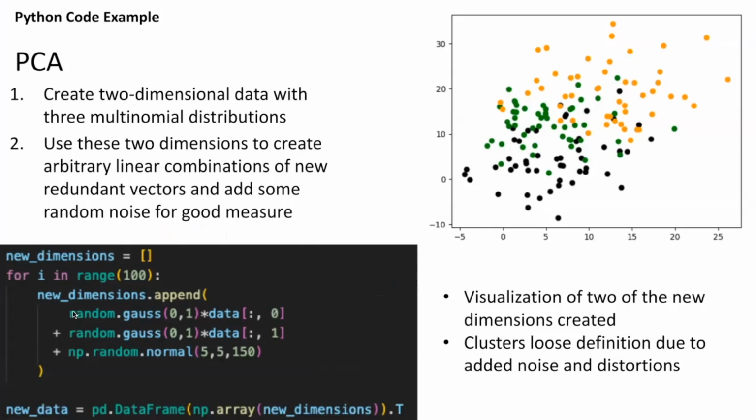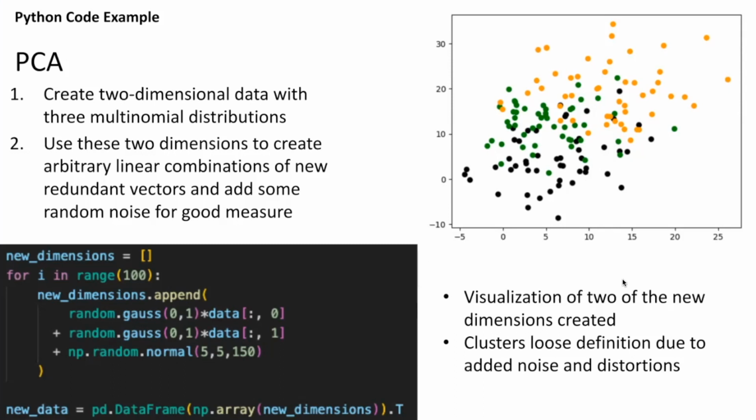And so what this does is it creates a new dimension that's a linear combination from our original data. And then we also add a good amount of noise for good measure, right? And then we do this 100 times, so we get 100 dimensions that are somewhat based on the original 2 dimensions that we had.